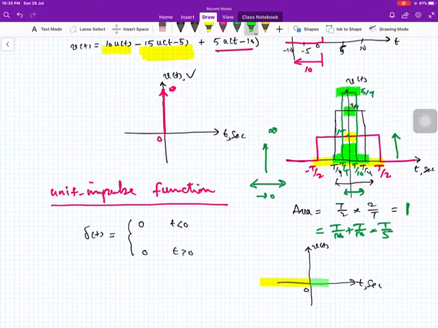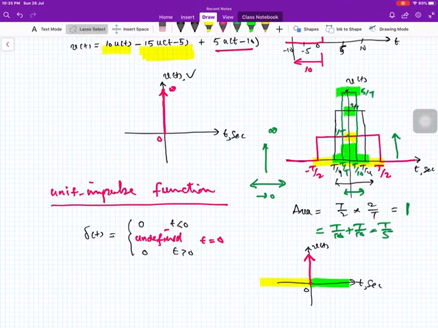For t greater than 0, it is also 0. But there is a time when t is equal to 0, and at this instant of time, this is undefined. This is the original impulse function.